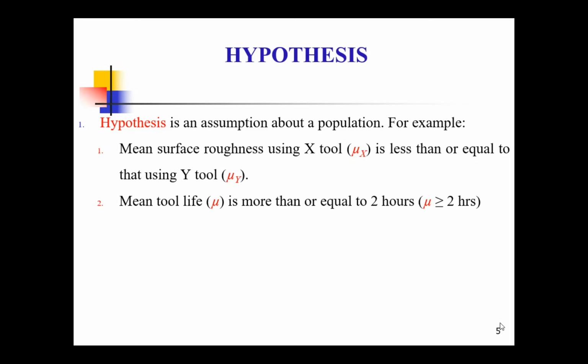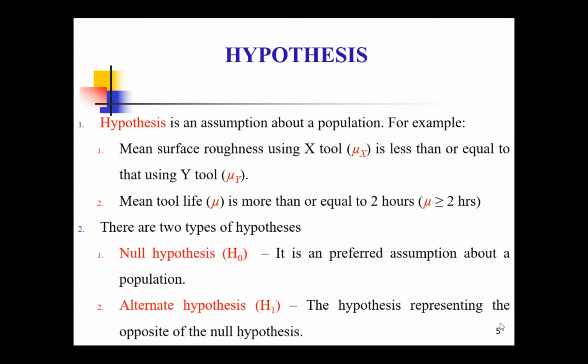This variance we can study, or the mean tool life is more than or equal to 2 hours. The tool life is the time period for which the tool works perfectly.